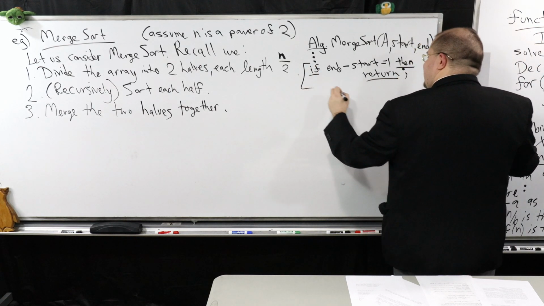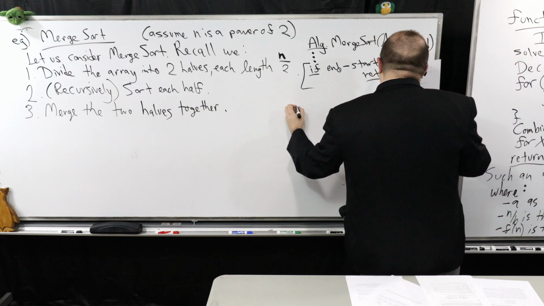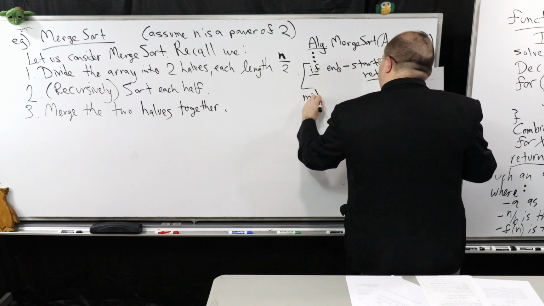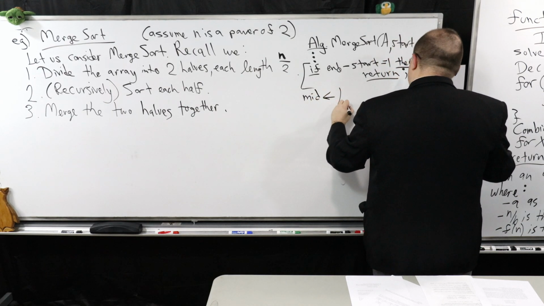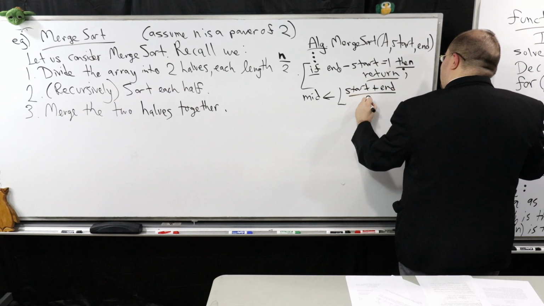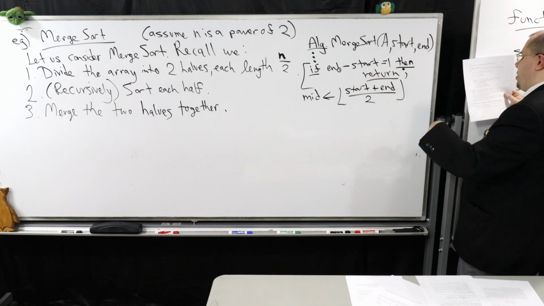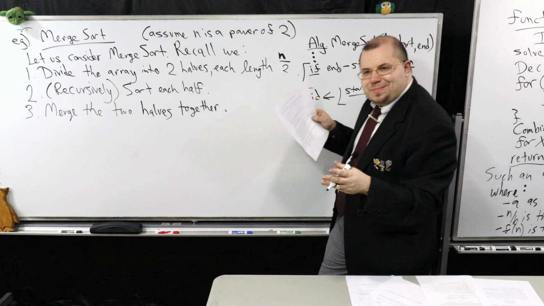So this is the first step, just like I have over there. Then I'm just going to figure out what the rough middle position is. So I have start plus end divided by 2. So this is what happens when n minus start is greater than 1, right?